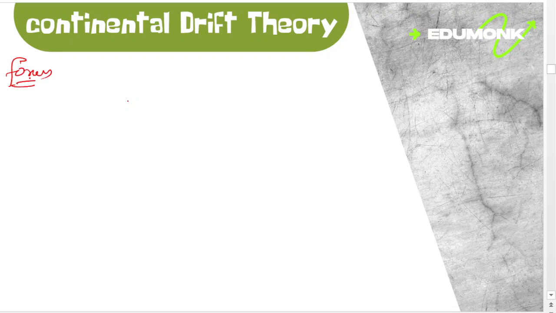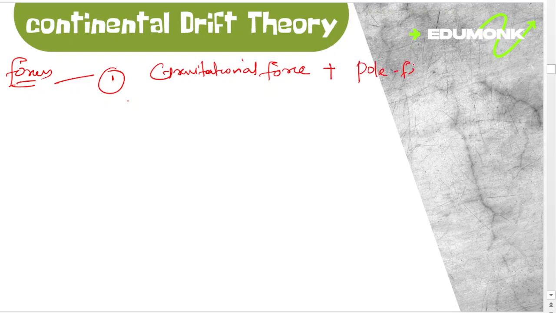Majorly, there are two factors responsible for the continental drift. The first one is that the continental drift was equatorward due to the combined action of gravitational force and pole fleeing force.